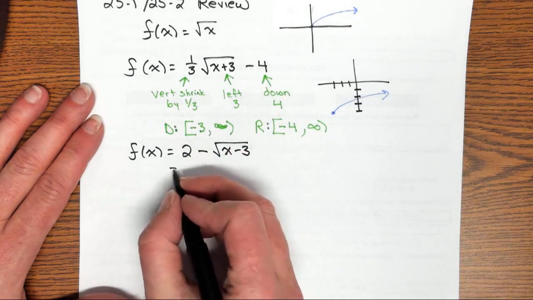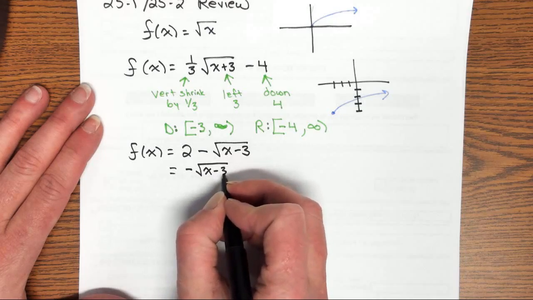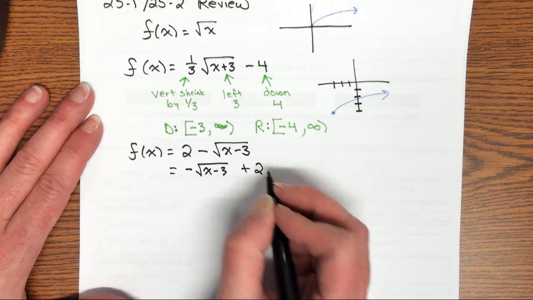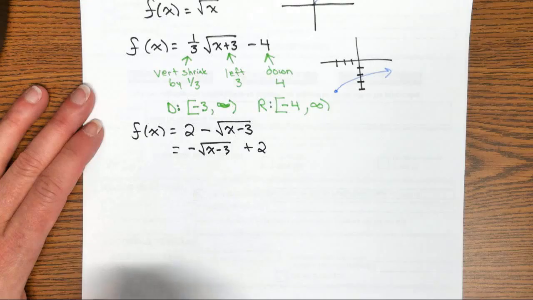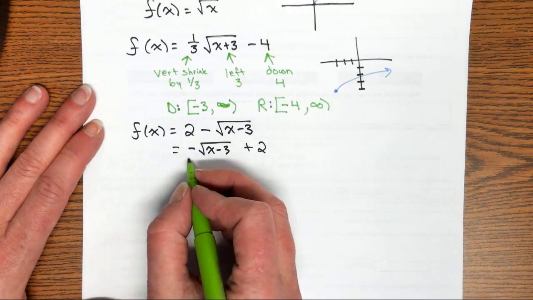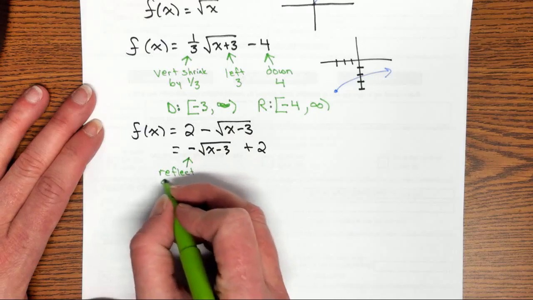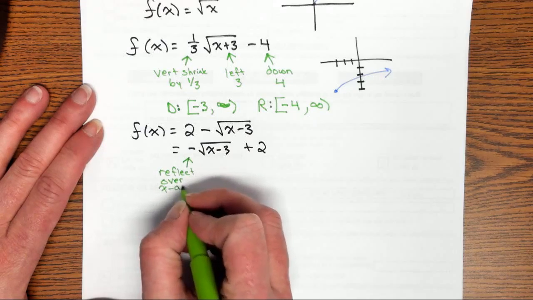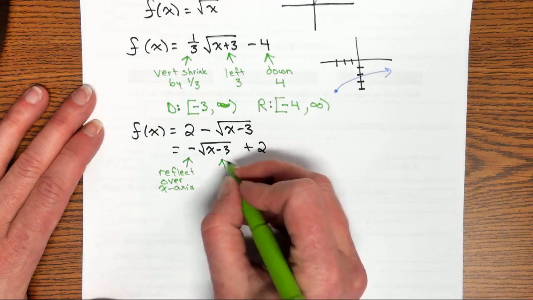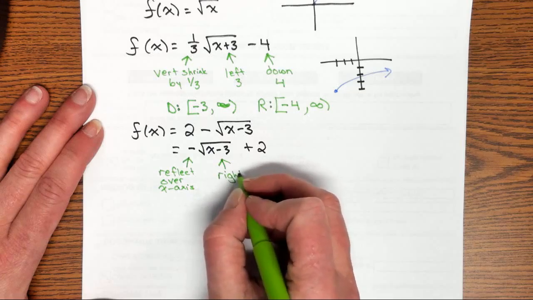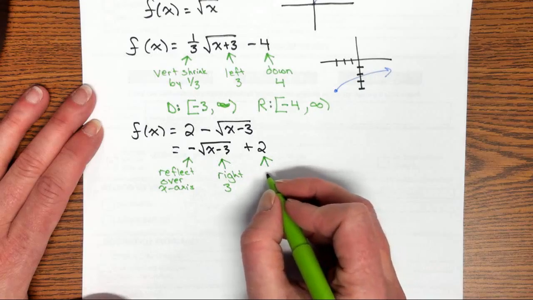Well, if I rearrange that, it would be a negative square root of x minus 3 plus 2, because that's a +2. Now I can tell everything that's going on. That negative is going to reflect over the x-axis. The x minus 3 moves me right 3. Plus 2 at the end, up 2.